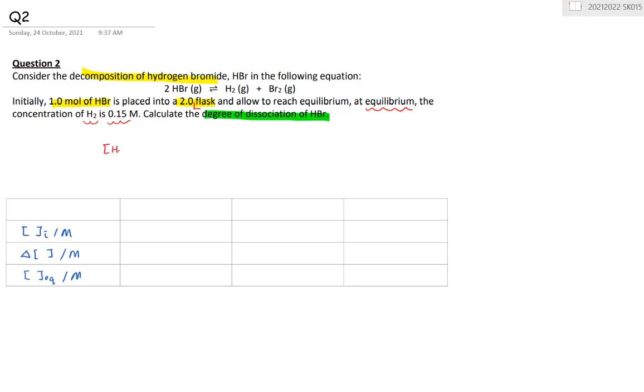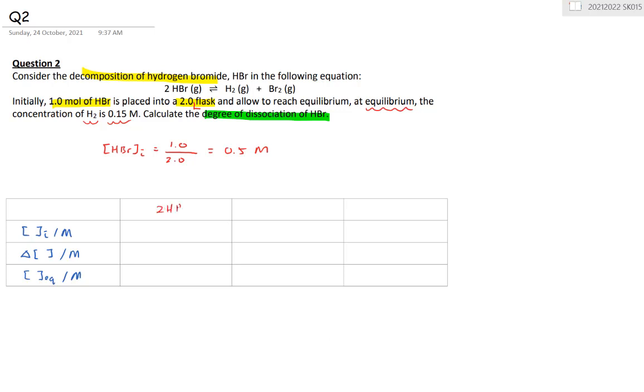So initial concentration of HBr, we have 1.0 mole divided by 2.0 liter, which gives you 0.5 molar. So in your ICE table, again, we want to use the ICE table because you have your initial concentration, you have your equilibrium concentration. So put your balanced equation into the table.